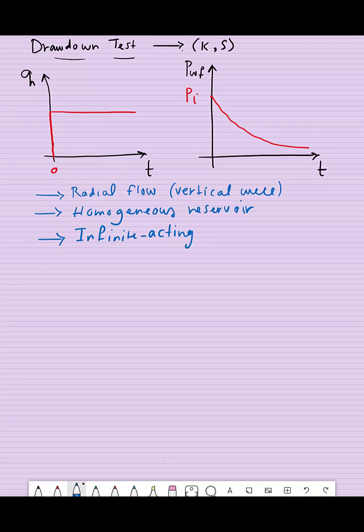Remember that when we talked about the reservoir flow regimes and the transient flow condition, we said that if a reservoir is infinite, we're gonna have this pressure wave travel throughout the reservoir forever, and an infinite reservoir is always going to be in transient flow conditions.